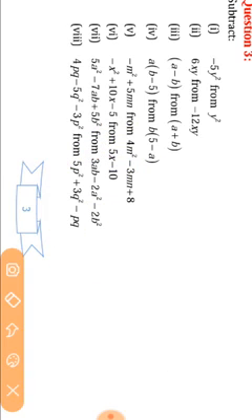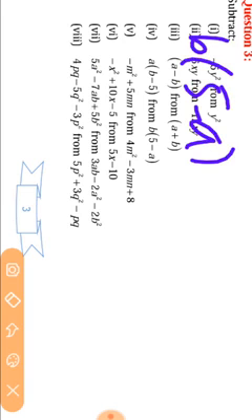Then you can take this one, so b into 5 minus a minus of a b minus 5.